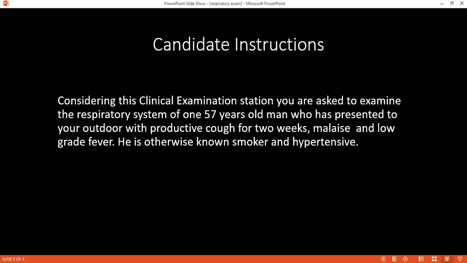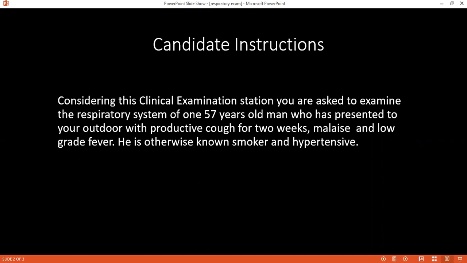So, I examined a 75-year-old male. He presented with cough and low-grade fever. By inspection, I'm looking at the skin, clubbing, and whether there is any cyanosis or dyspnea. According to the case, unfortunately, there is none.